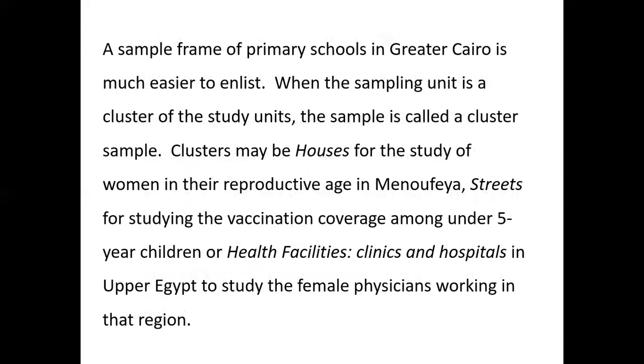A sample frame of primary schools in Greater Cairo is much easier to enlist. When the sampling unit is a cluster of the study units, the sample is called a cluster sample.